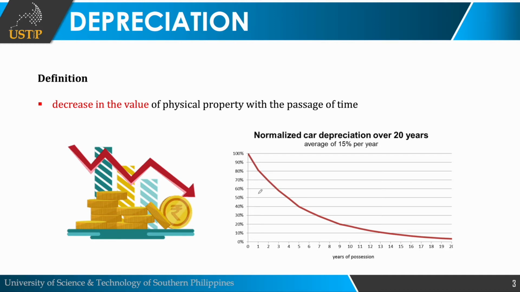So here's an example of a graph of a normalized car depreciation for 20 years. Say at time 0, when you purchase a car, it's at 100% ng iyahang price. Over time, ga-decrease siya, nag-depreciate siya, no? So pag-abot niya 20 years, close to 0 na gyud iyang value.